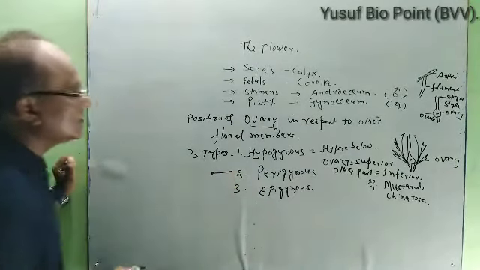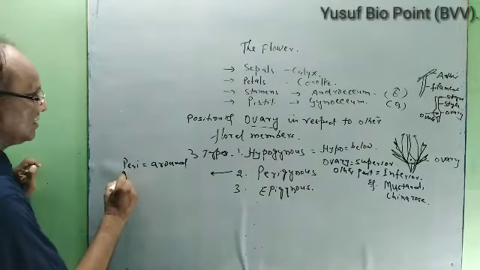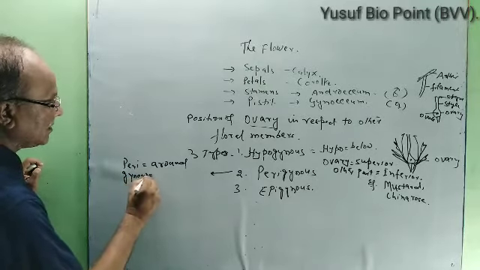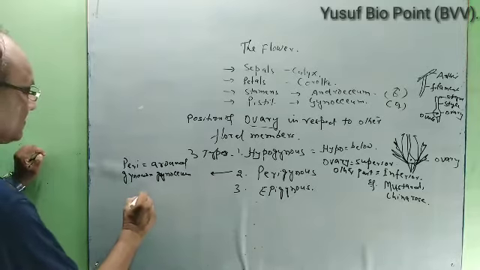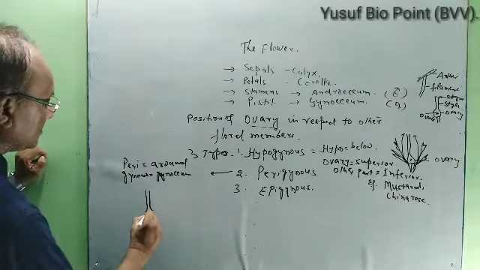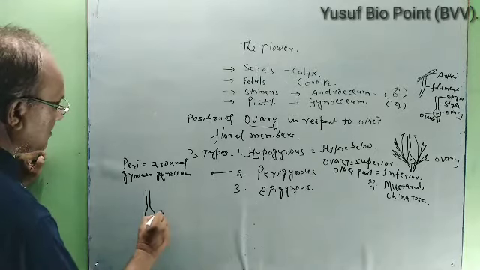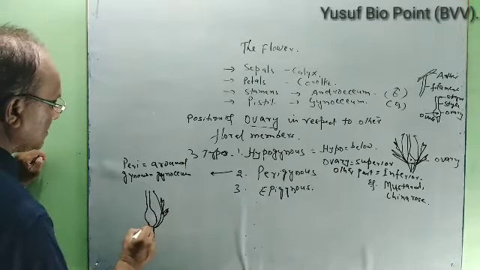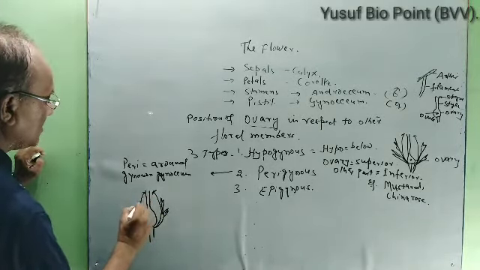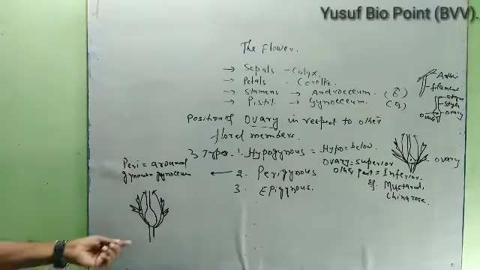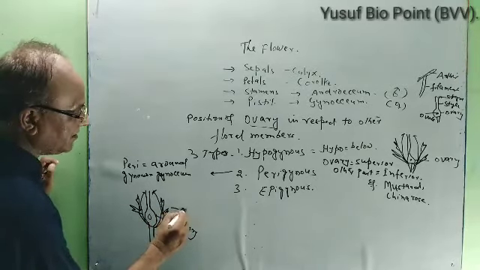Now this one, peri means around, and gynous means gynoecium. They are the other parts.